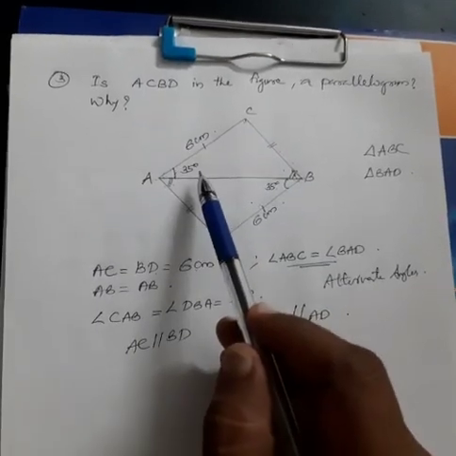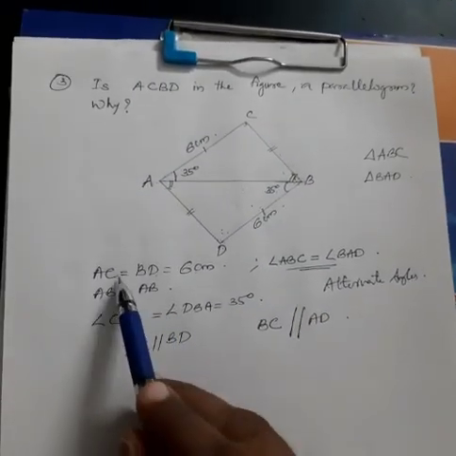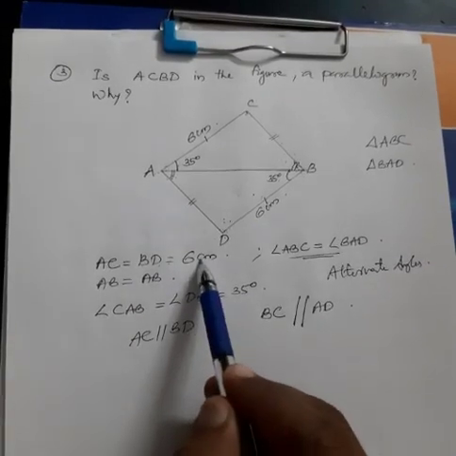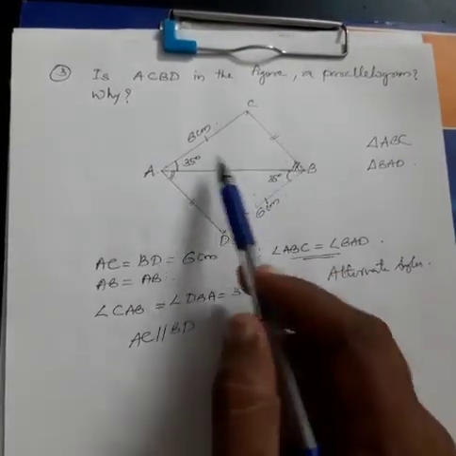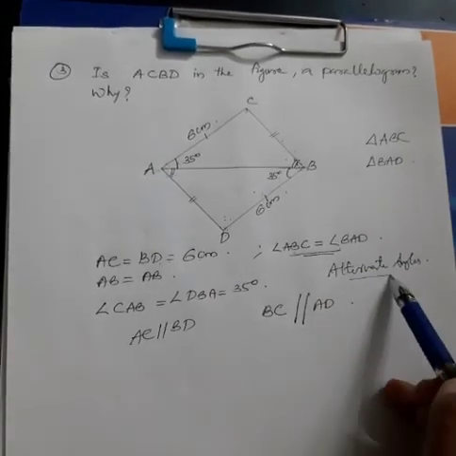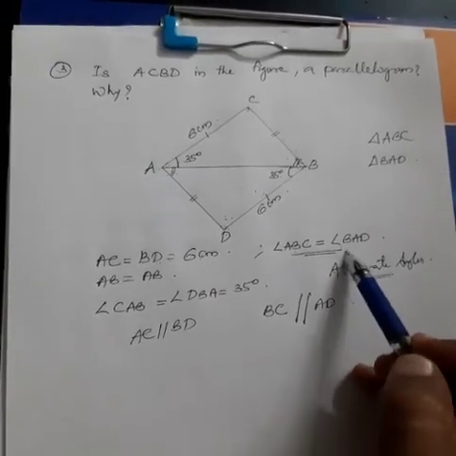So the given thing is here AC and BD 6 centimeter, the corresponding alternate opposite sides. These are the two angles, they are alternate and are equal.